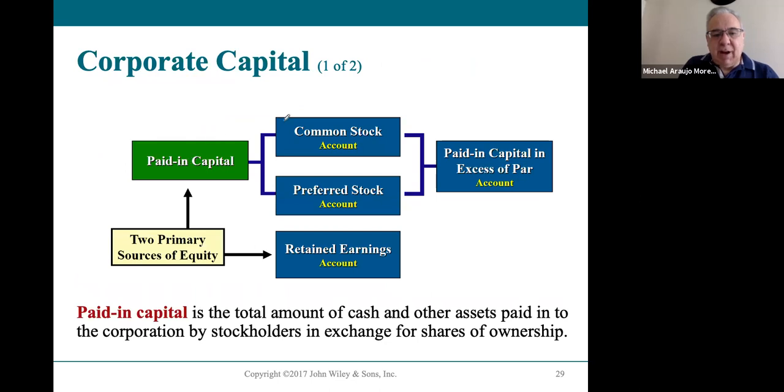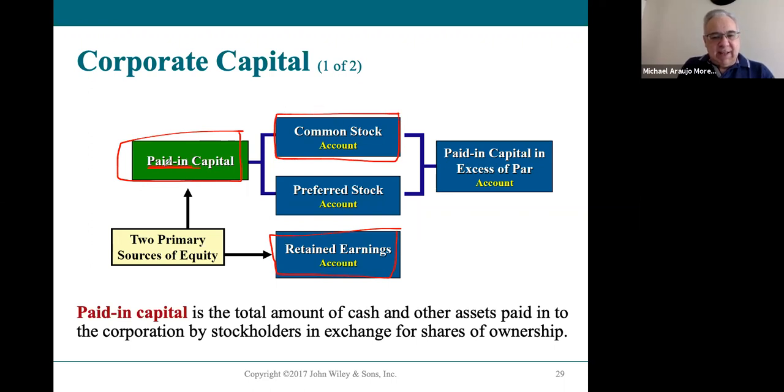So again, common stock is what we call paid in capital. Paid in. Owners pay the money in. Right? That's why it's called paid in. The other account that you're familiar with is retained earnings. These are the two accounts that we've talked about most, common stock and retained earnings.